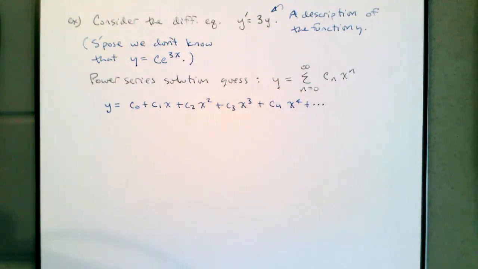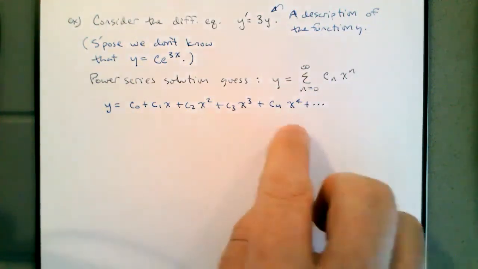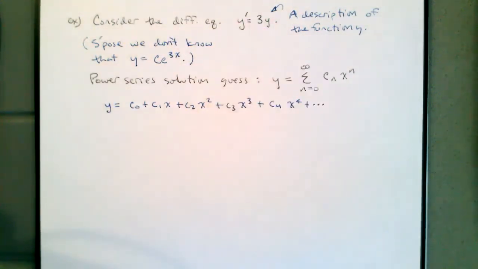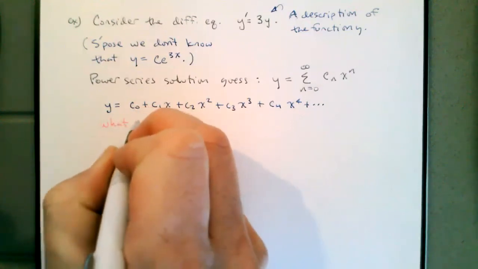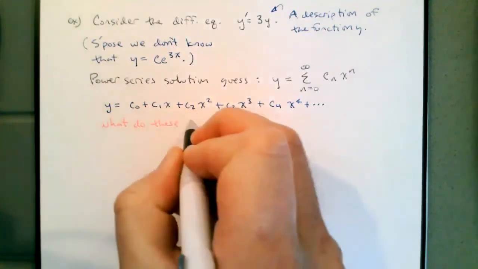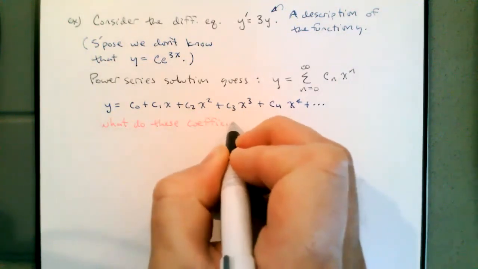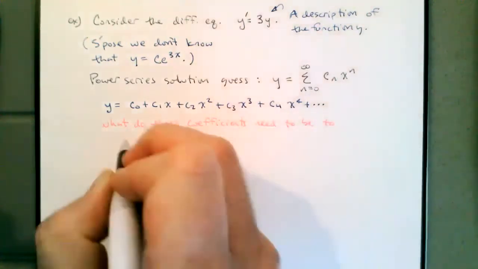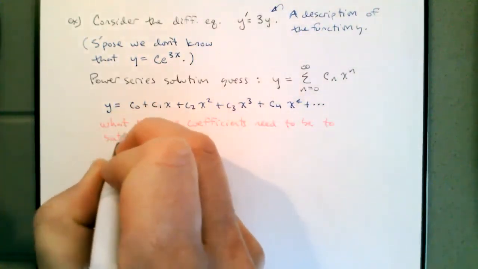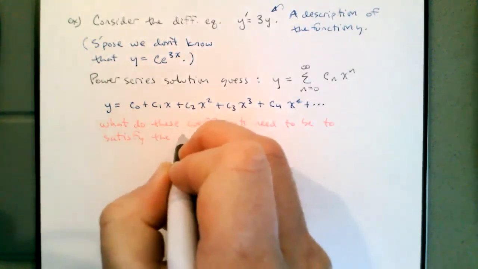The solution's form is determined by power series. We're just saying there's a power series solution. The specific power series will be determined by these coefficients. So I need to figure out what these coefficients are. What do these coefficients need to be to fit this description, y prime equals 3y? So we're thinking now, what do these coefficients need to be to satisfy the differential equation?